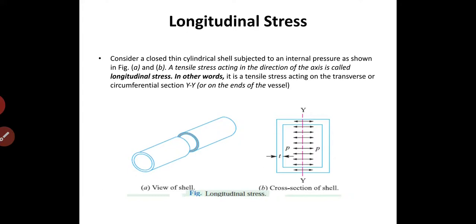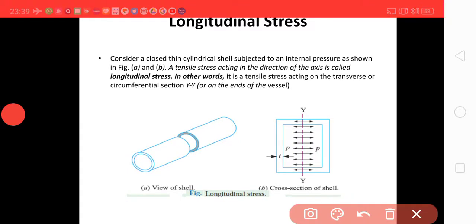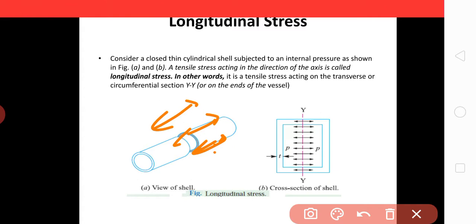Here, this is the view. You can say that stresses will be developed here like this. The bursting force will be the area of cross section, pi by 4 d square, into pressure P.